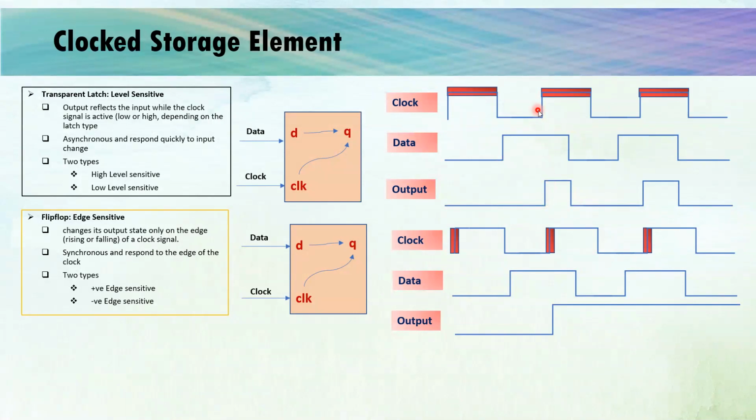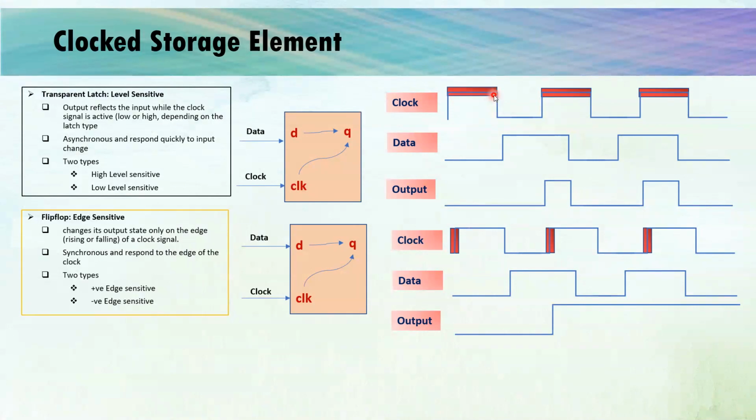And once the clock again goes to the high level, it again starts sending the data to the output. So as you can see with this diagram, our latch is transparent when our clock is high.